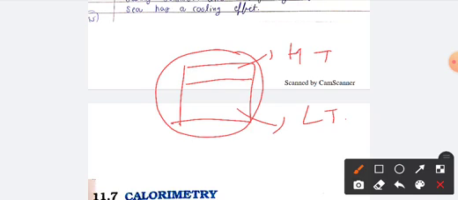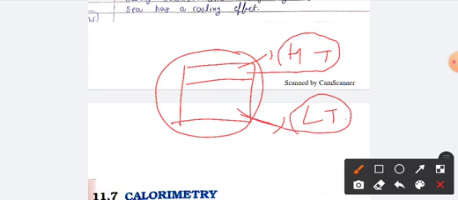So for example, if this part is at higher temperature and this part is at lower temperature, we know that heat transfers from the higher temperature to the lower temperature. That means from this part heat will be transferred to the part at the lower temperature. Whatever heat will be released by this part, that amount of heat will be gained by this part, because none of the heat is going outside.